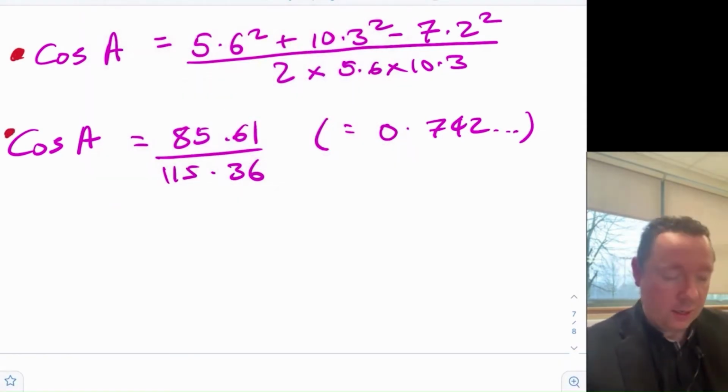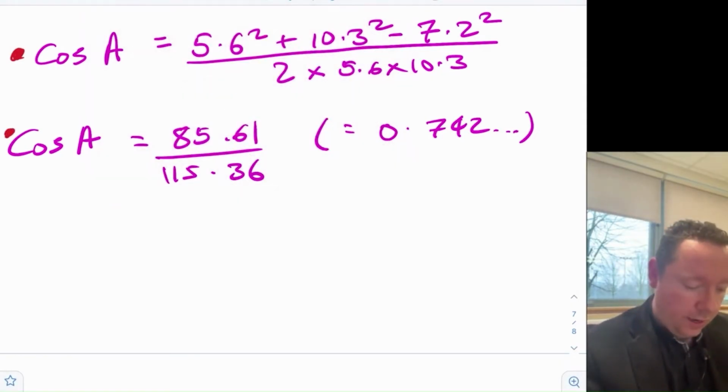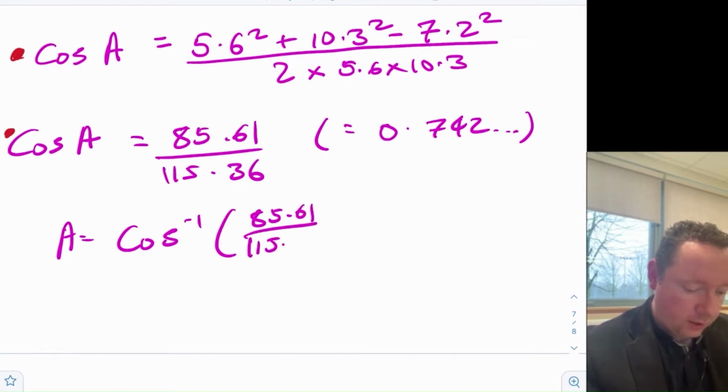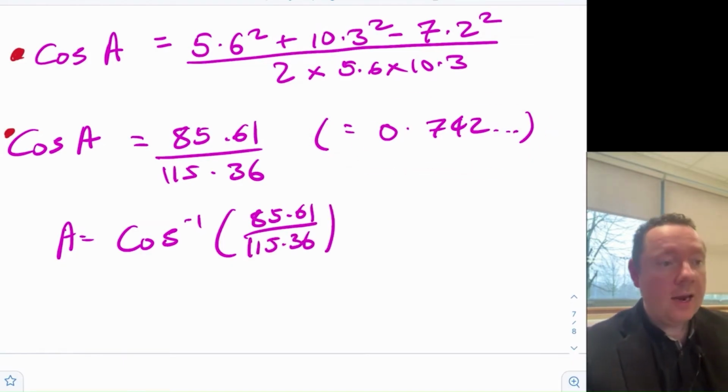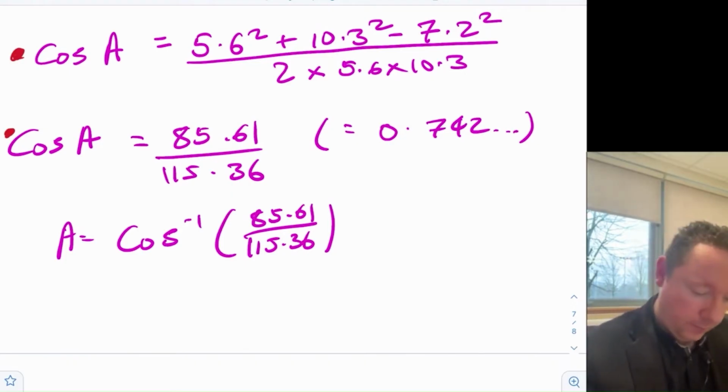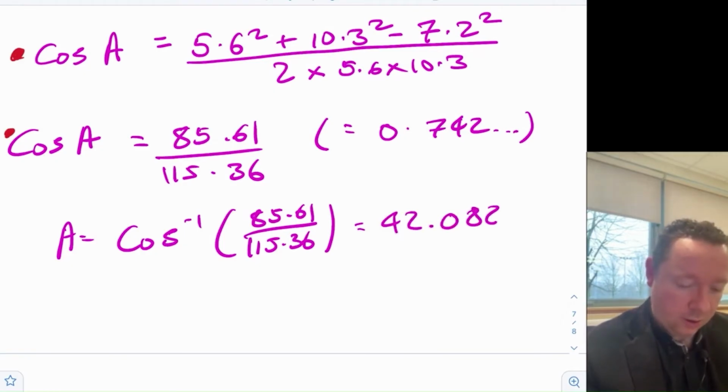Then looking at our third mark, calculating the angle. A is the inverse cos of 85.61 over 115.36, or the inverse cos of this. And that gives me an angle of 42.008, sorry, 42.088.